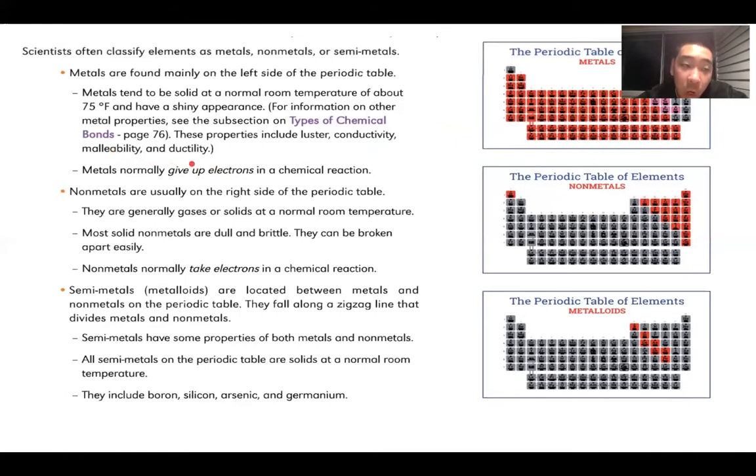So basically, these two very hard to pronounce words mean the ability to be flattened into a really thin piece, or the ability to be stretched really thin, right?